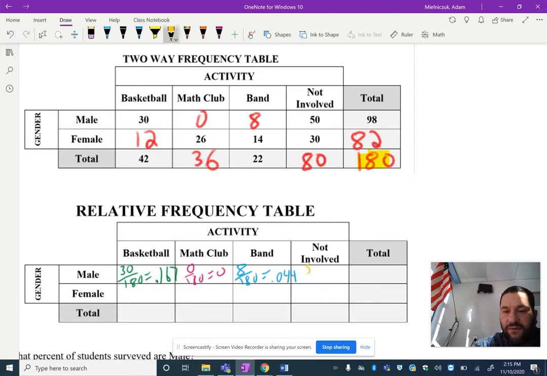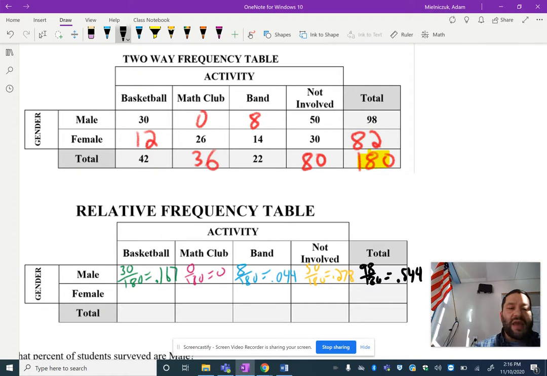Well, that would be 50 out of 180, which equals 0.278. For our total, we know there were 98, so we would do 98 divided by 180, and that equals our 0.544.